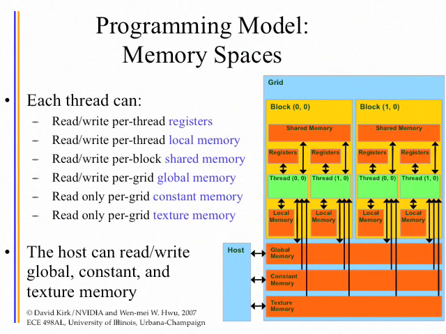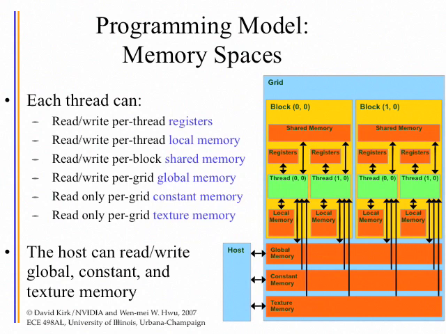The programming model for the memory space: you have seen this slide. This should be the second time you have seen it. It's important enough that we're going to show you multiple times. We have registers that are per thread, and we have local memory that is per thread. Be careful with local memory.